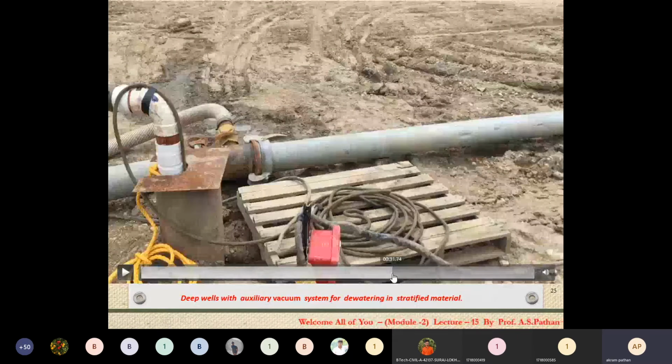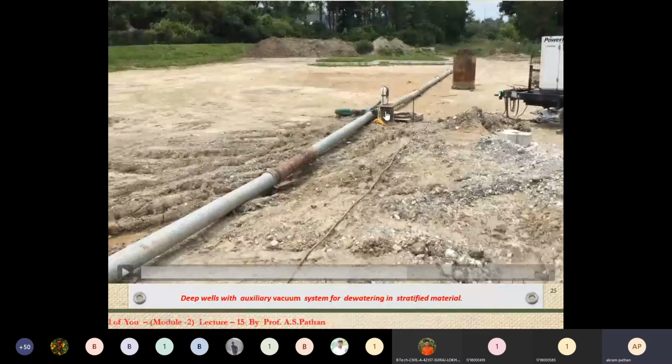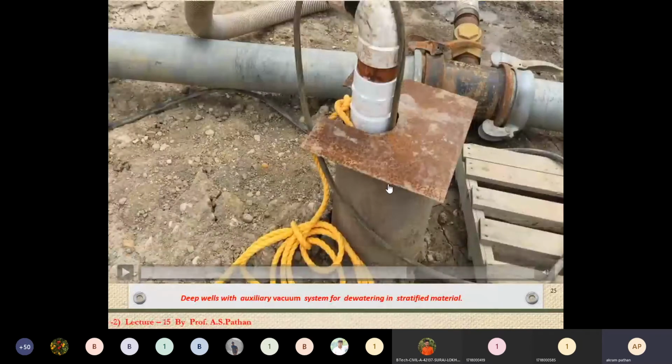Whatever discharge comes from all the bores is carried by a pipe. All the bores are connected with the main pipe system, and we extract the water.